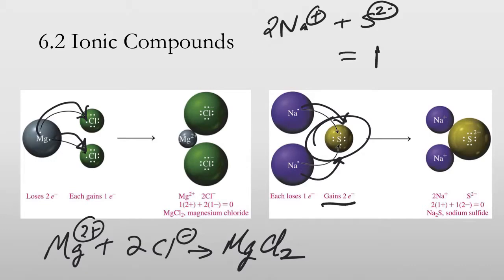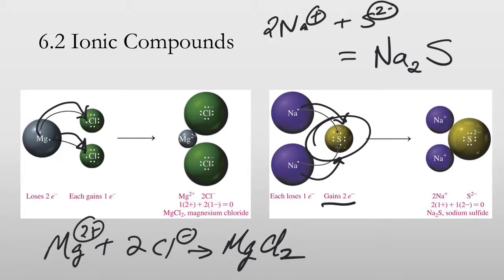And so the formula for that compound, sodium sulfide, is Na2S. Now you can predict the chemical formula for any ionic species if you remember what the charge of that ion should be based on the table in one of the previous slides.